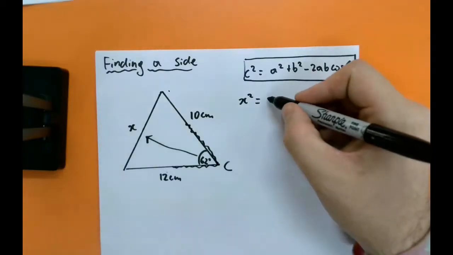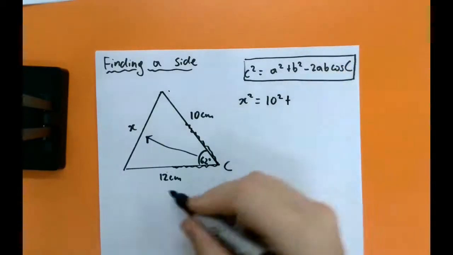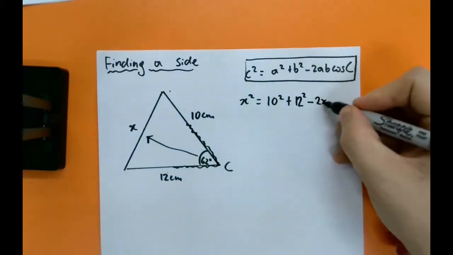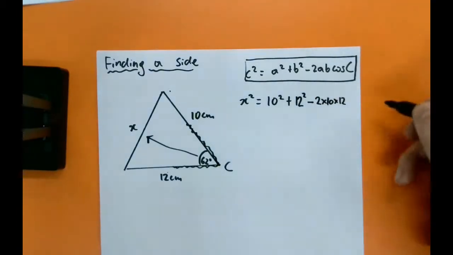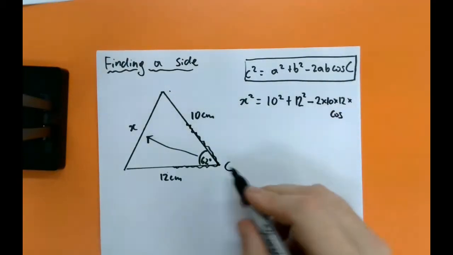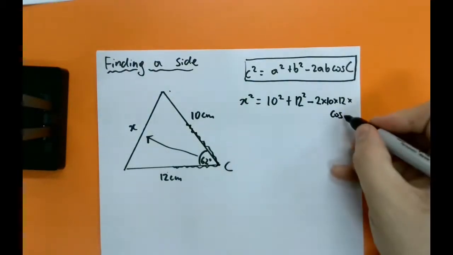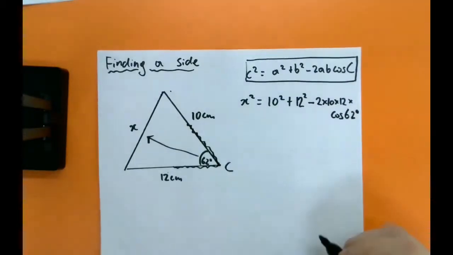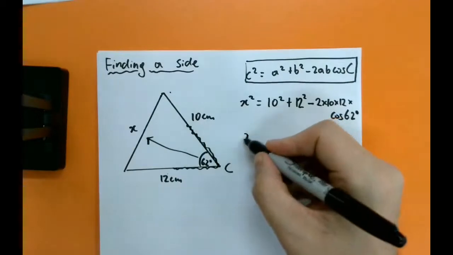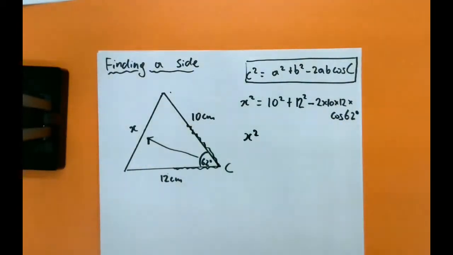So it doesn't matter what you pick. I'm going to pick 10 to be a, so 10 squared, and 12 to be b, so 12 squared, minus 2 times 10 times 12 times cos of your angle, which is 62 degrees. What I want you to do here is enter this in on your calculator, and you can pause this video if you need to take some time.